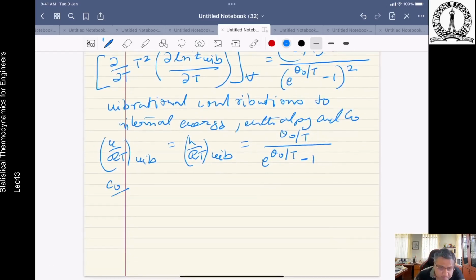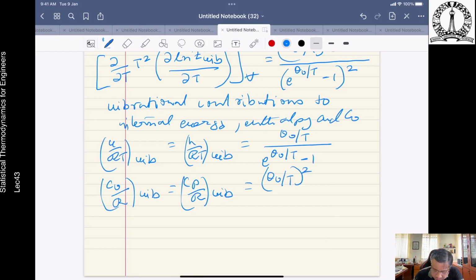Then CV by R vibrational, which is the same as CP by R vibrational, is equal to theta V by T squared times e to the theta V by T divided by e to the theta V by T minus 1 whole squared.